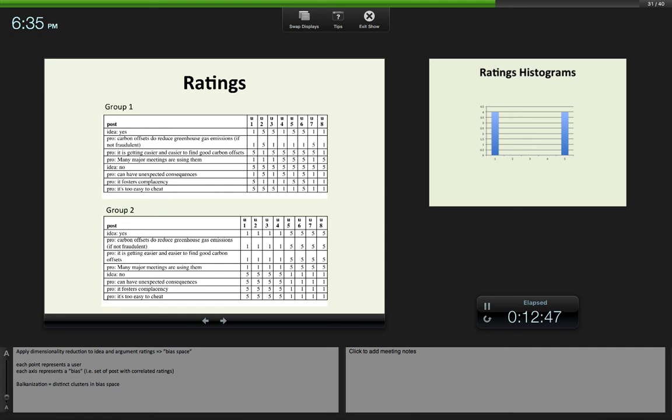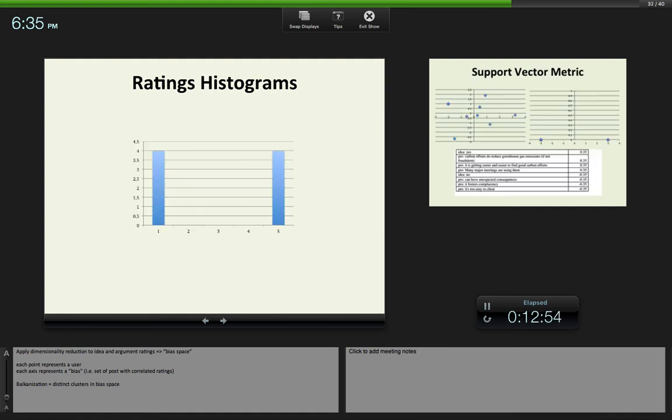And looking at the table of numbers, it may not be obvious what the emergent patterns are. And if we even look at the ratings histograms for each of the posts, we'll find that in all cases they have this pattern, so they're identical.